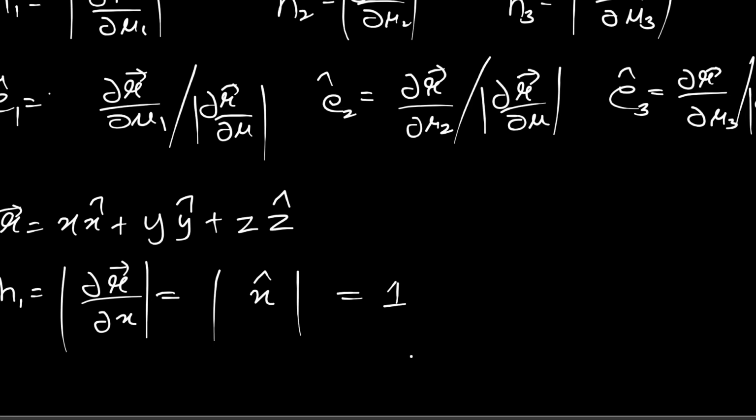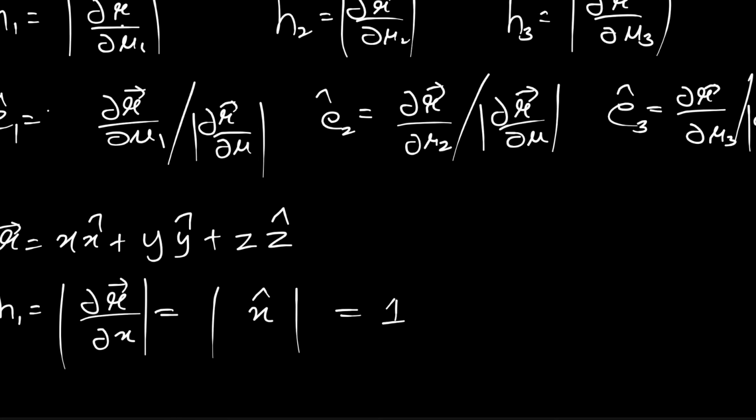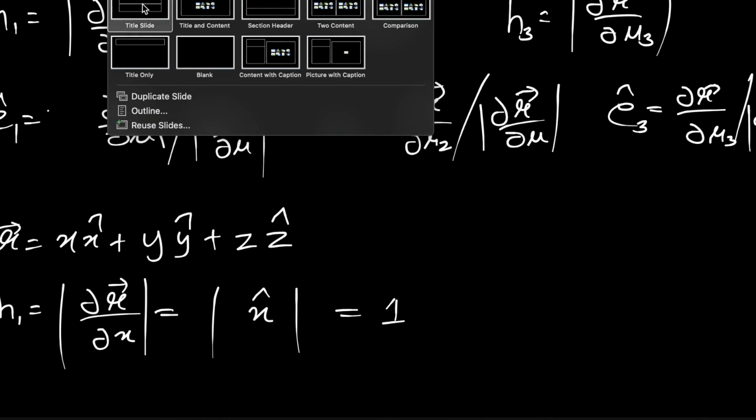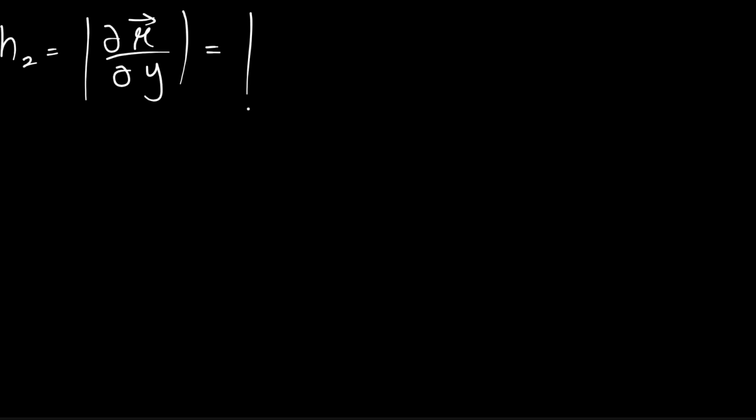Similarly h2: differentiating with respect to u2, meaning y, and then finding the magnitude. If you differentiate the r vector, you get the y unit vector, and its magnitude gives h2 equal to 1 only.